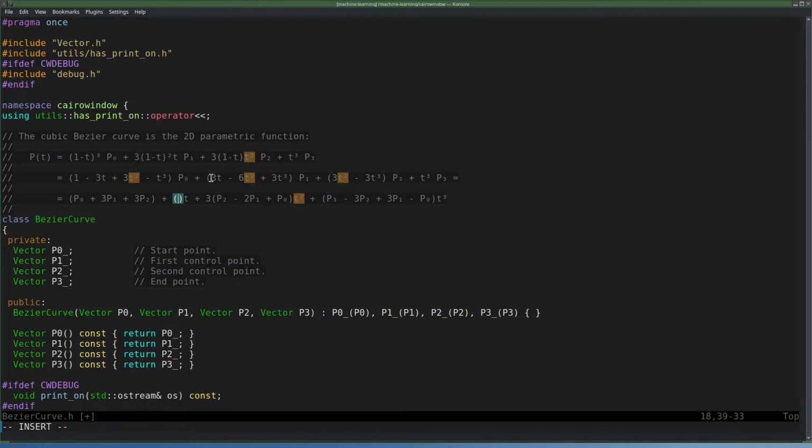Just the 3 times and another 3 there. Let's again do the 3 here. Let's put this one first again. So that's a t, so 3 times P1 minus 3 times P0.